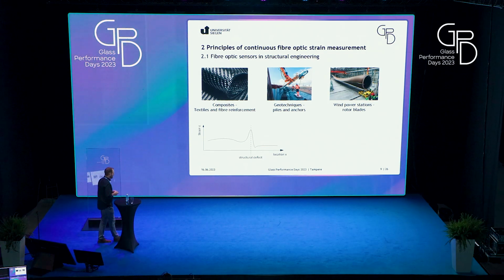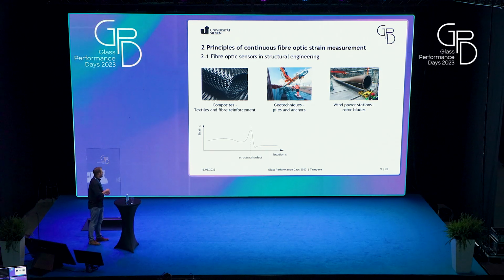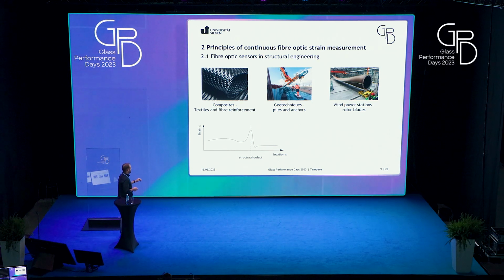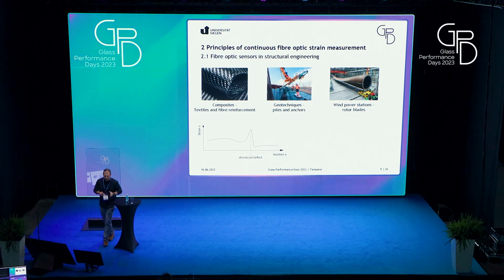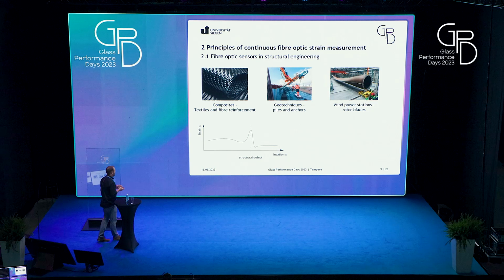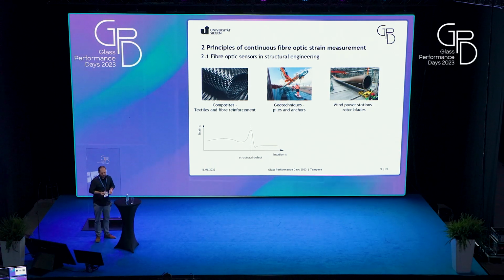The bottom left graph shows the progress of strain in a very qualitative way. And the stress peak, or the strain peak, shows us very clearly the location of a structural defect. So it's a very suitable tool to detect any defects.